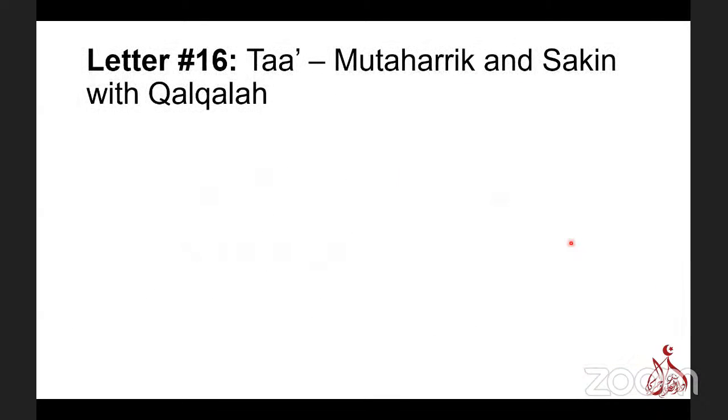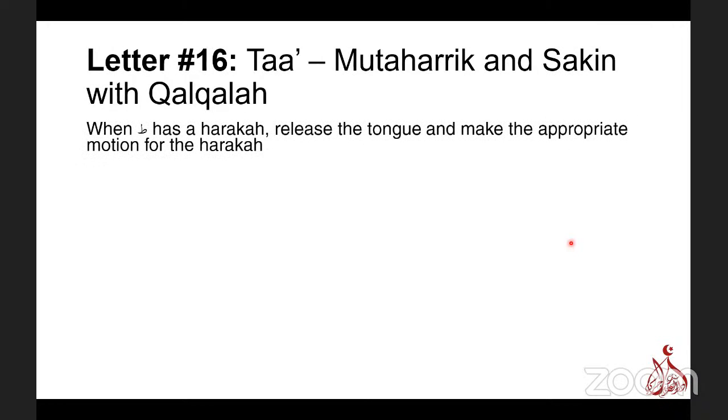Moving forward, Tha mutaharrik and Tha sakin with a qalqala. Tha is from the letters of qalqala, which we'll get to in a bit. But generally speaking, when Tha has a haraka, fatha, dhamma or kasra, we need to release the tongue from those upper two teeth and then make the motion for whichever haraka we're reciting. For example, with the fatha, tala'at.